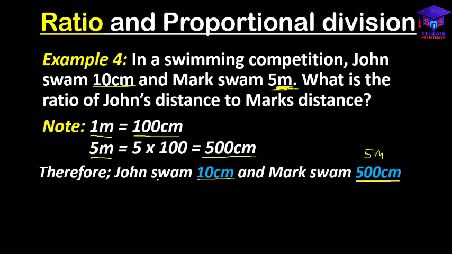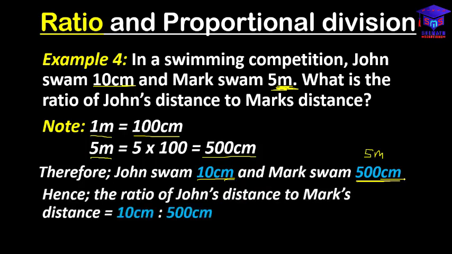So therefore John swam 10 centimeters and Mark swam 500 centimeters. Now that the two quantities are in the same unit of measurement, centimeters and then centimeters, we can go ahead and write the two as ratios. So hence the ratio of John's distance to Mark's distance is 10 centimeters is to 500 centimeters.